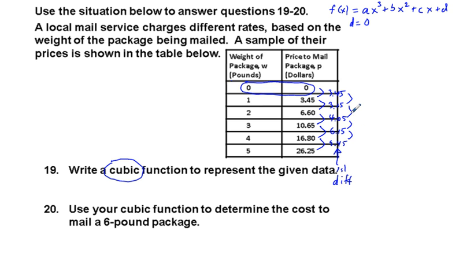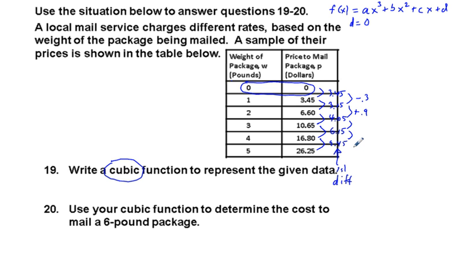Okay, the second differences, we subtract one from the other. So we take 3.15 minus 3.45, we're going to get negative 0.3. If we take 4.05 minus 3.15, we're going to get plus 0.9.